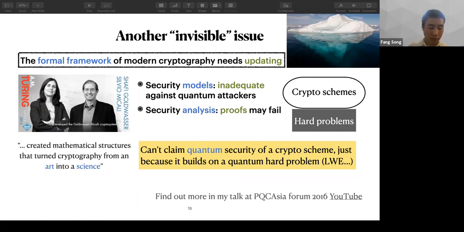So the bottom line is, just because we're using a problem presumed to be hard against quantum computers, that doesn't mean the crypto system is immediately secure. Okay. So one of my major research efforts is actually to develop a formal framework for quantum provable security. If you're interested, you can check out some of my talks and publications to find more.